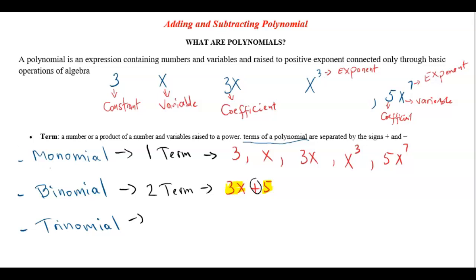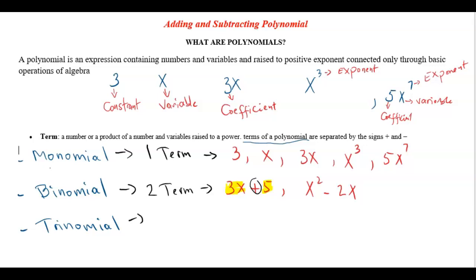So another example. If I have x squared minus 2x, x squared minus 2x, that's a binomial.